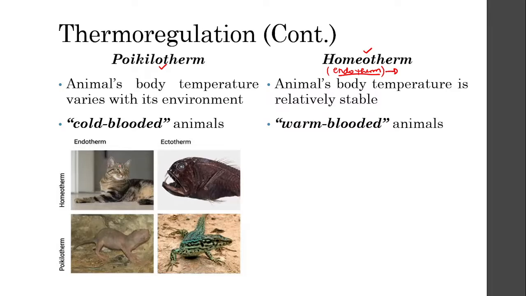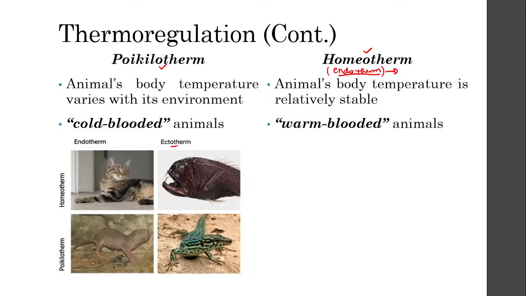We usually think of homeotherm as endotherm because a lot of endotherms are actually homeotherms. But in reality, some endotherms, such as this naked mole rat here, are actually poikilotherms. That is because a naked mole rat can still regulate its body temperature using inner mechanisms. It does not need to get heat from the outside environment, which is what an ectotherm does.